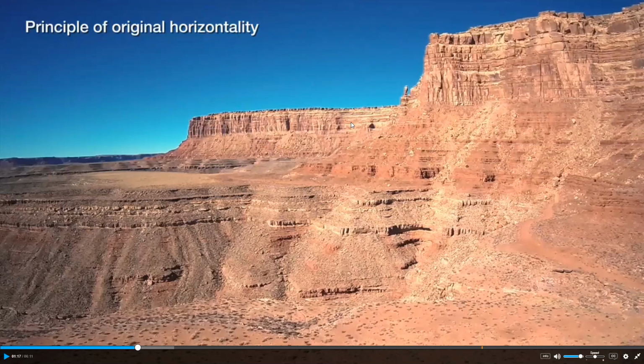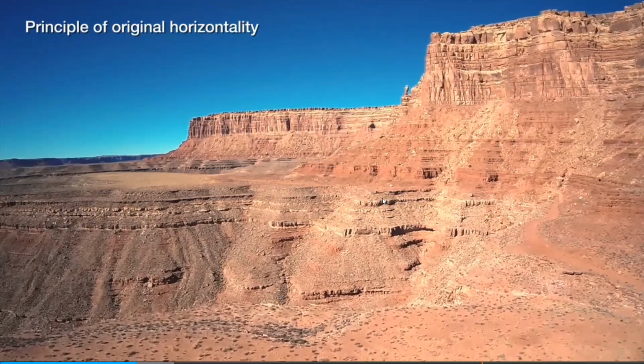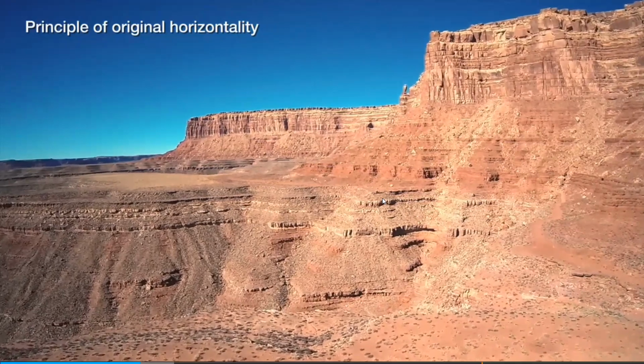When we find areas like this that are still in their original horizontal layers, then we know that there hasn't been any type of crustal deformation or any type of movement that is disturbing them from that horizontal. Superposition, basically. These layers are old and have been eroded to create these canyons, but they are still horizontal.